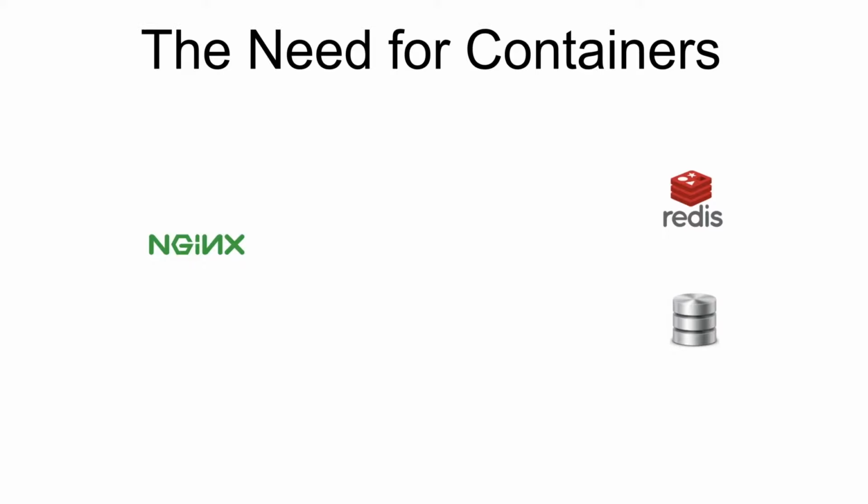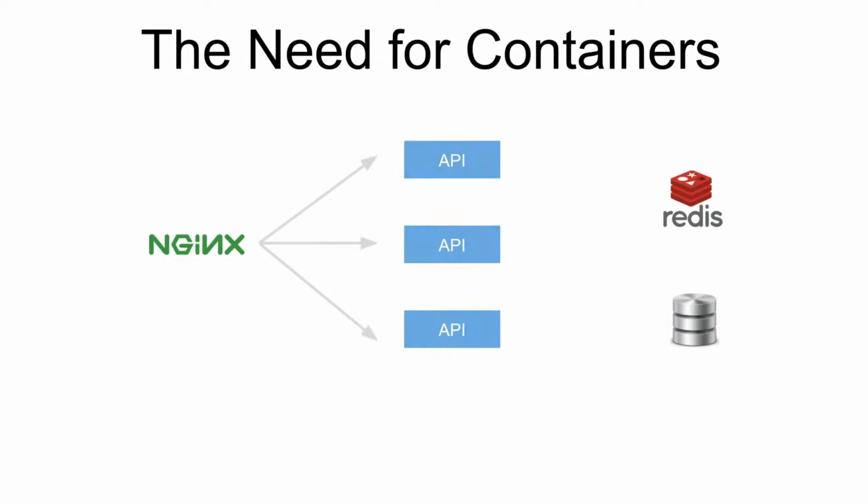But let's say your application calls into a bunch of other APIs, which could be ASP.NET Core, Java, Python, Node.js, whatever that may be. Those APIs are then calling into one or more databases, and we're also integrating with maybe a caching server like Redis. You can see that we now have a lot of moving parts here.